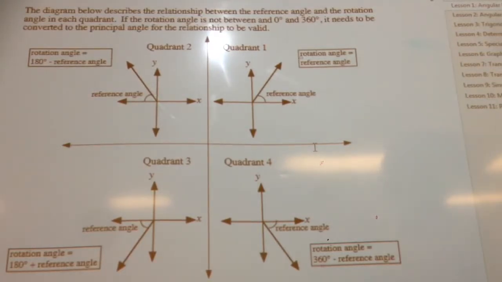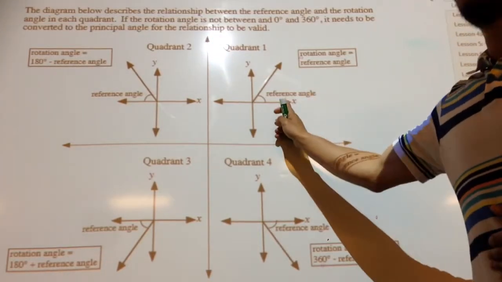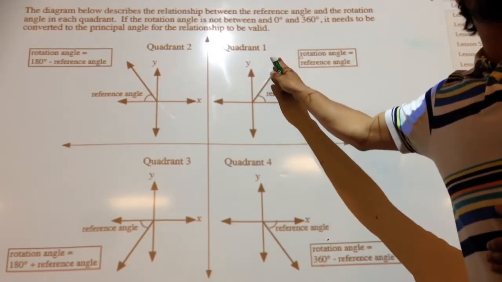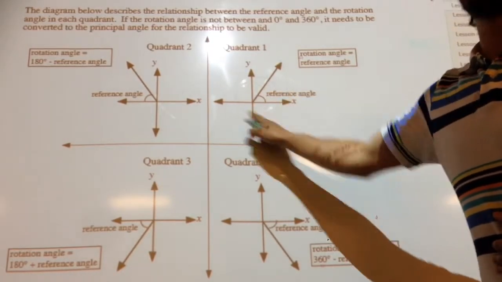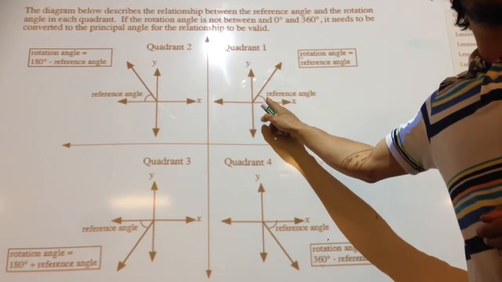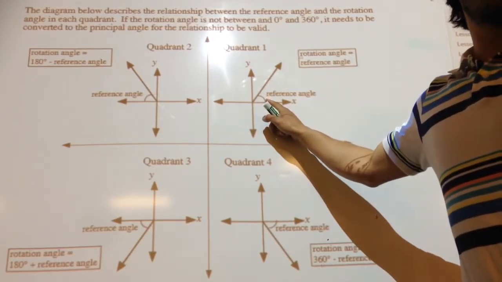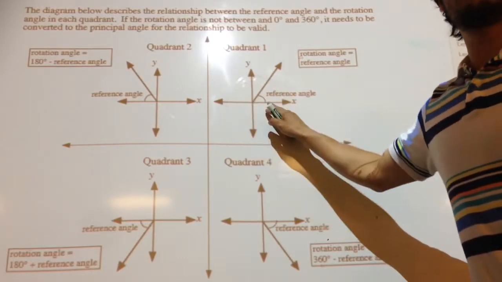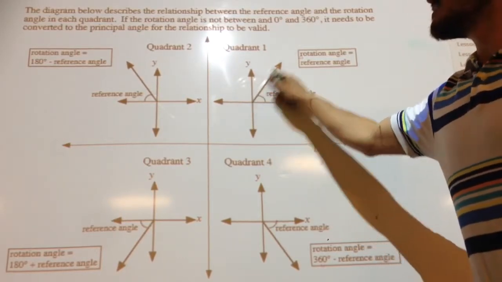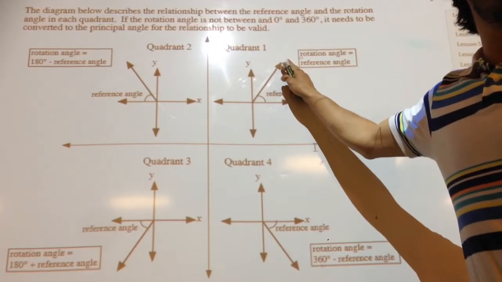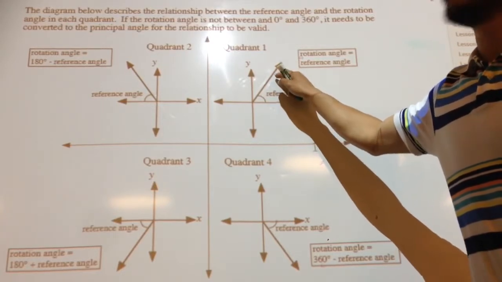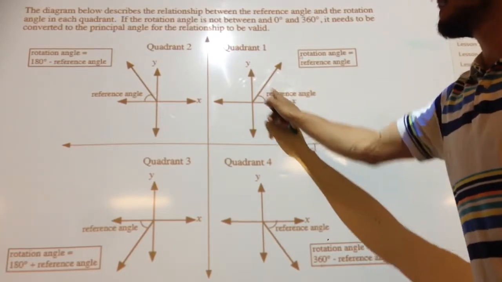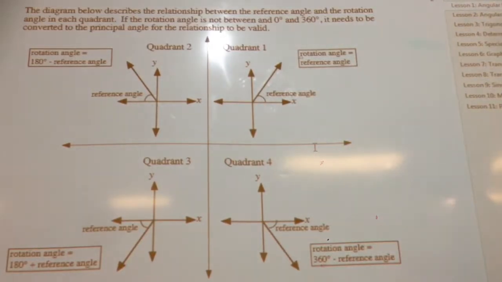Okay, good, thank you. Quadrant 1: if you had a rotation angle that ended in quadrant 1, you could go all the way around. For example, with 380 degrees, you would go around once and then go 20 degrees up. This is your reference angle in this position, and you get it by just adding your reference angle to 0.